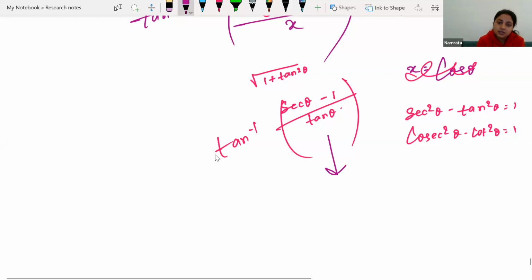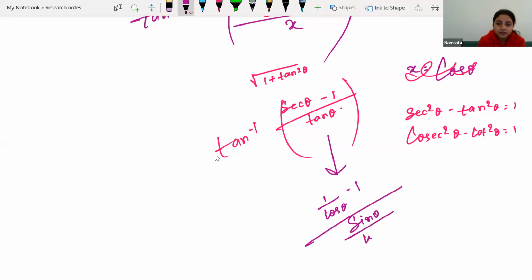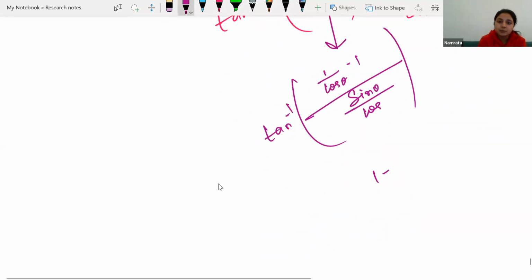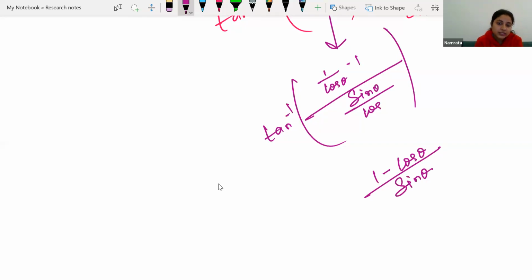Sec theta means 1 by cos theta, minus 1, and tan theta means sine by cos. Outside tan is already there. So we will have 1 minus cos theta in the numerator and only sine theta in the denominator. The cos will cancel out.